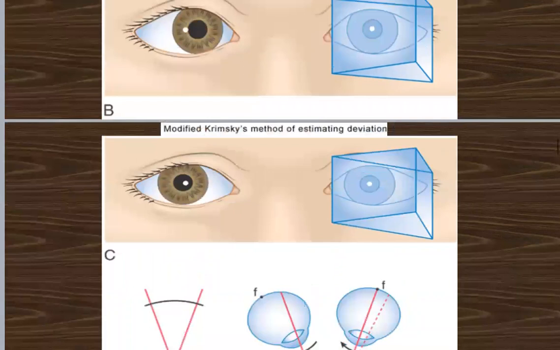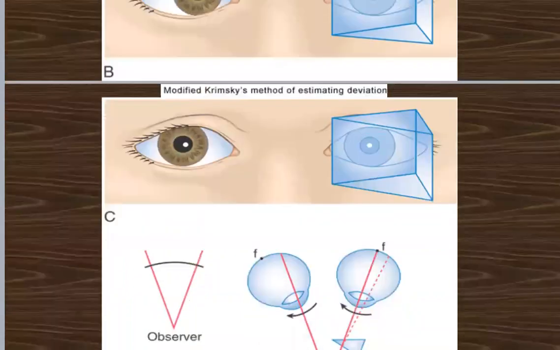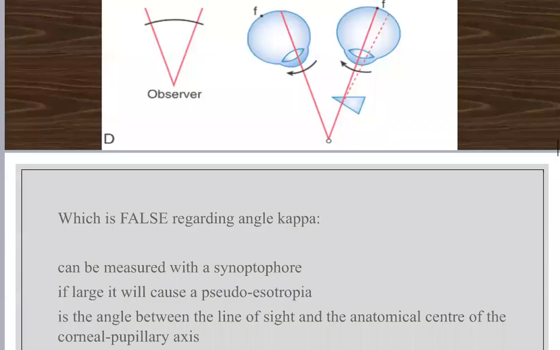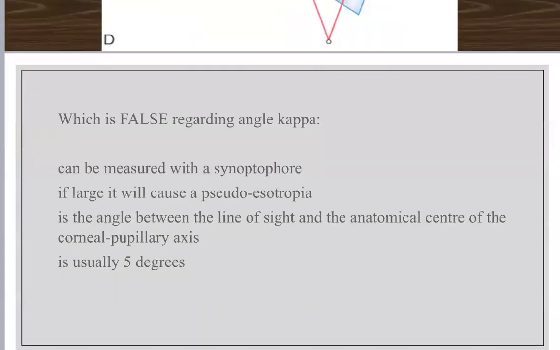And this is valid in cases where this eye is not seeing, so you must do the modified Krimsky test. You put the prism in front of the seeing eye, the normal or sound eye. This is done in cases where you have to do the strabismus surgery just for cosmetic appearance.